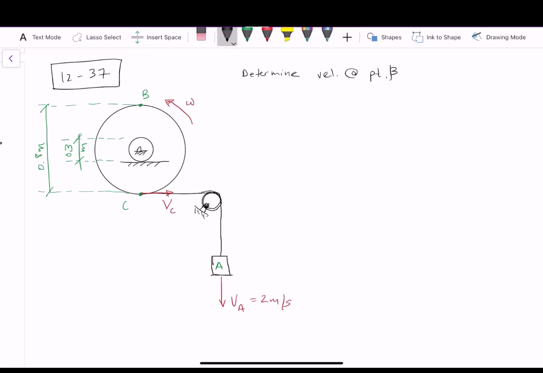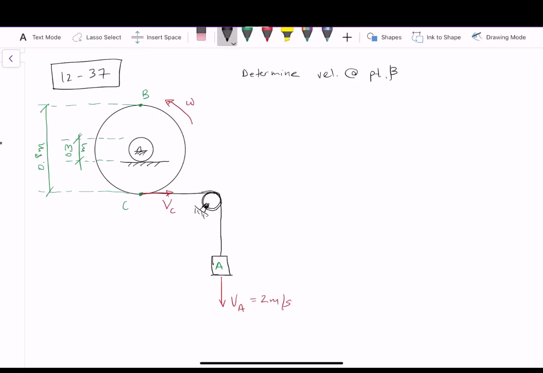Now, as I've said before, you always start at the end where the information is given, typically where a velocity is given, and work our way backwards. Velocity at A, which is 2 meters per second, is the furthest point in this diagram from point B, so we have to work our way backwards from there.